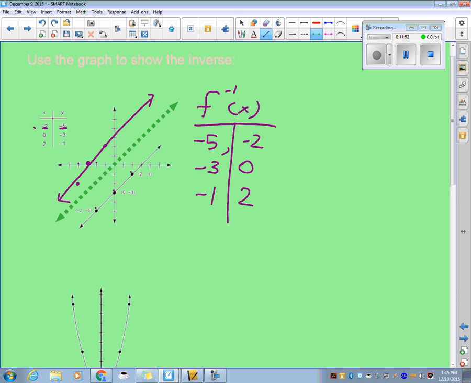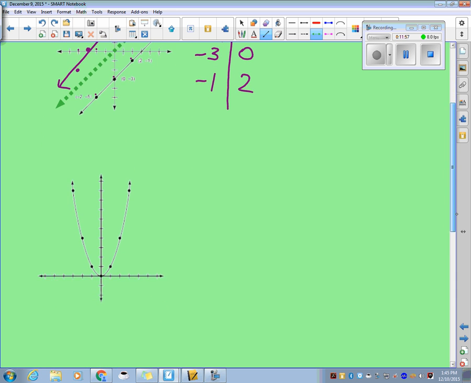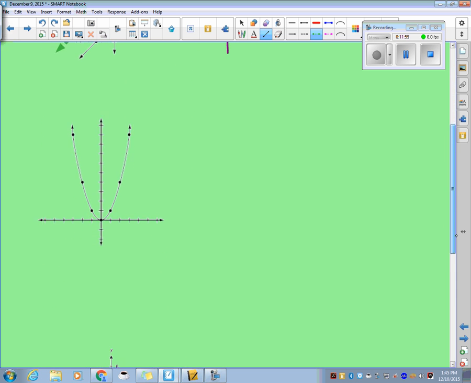Okay, so let's take a look at another graph. In this one, the table's not provided, but you still could write the table, couldn't you?